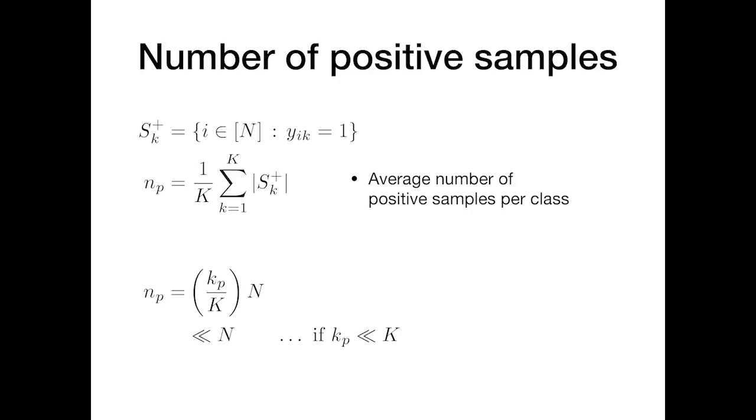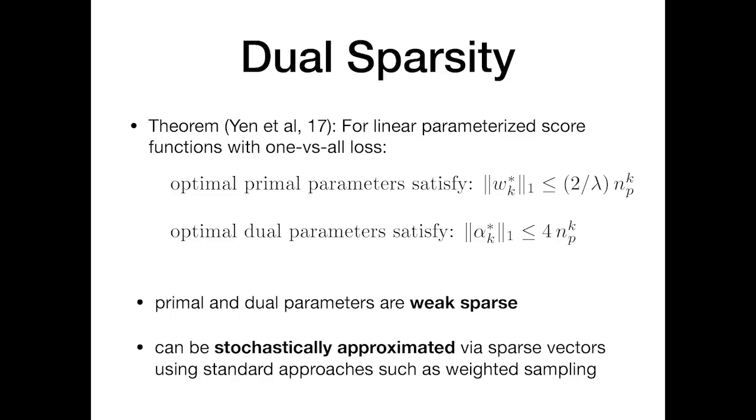It would essentially scale as capital N over capital K. So in this case, the more the number of classes, you're better off, because KP is typically a constant. Think of it as 1 or 10. So NP, the average number of positive labels per class, is going to scale as capital N divided by capital K. So here you get the benefits of large number of K.